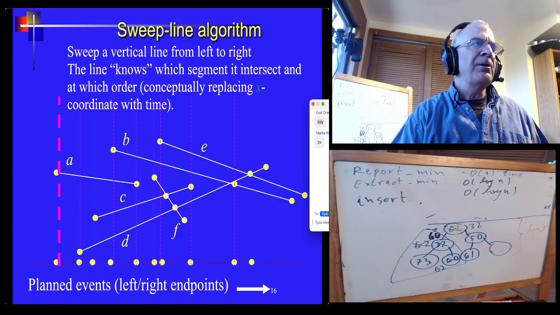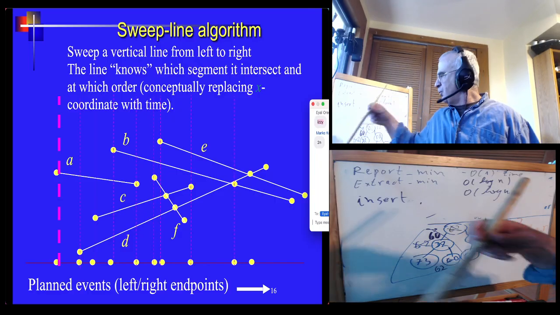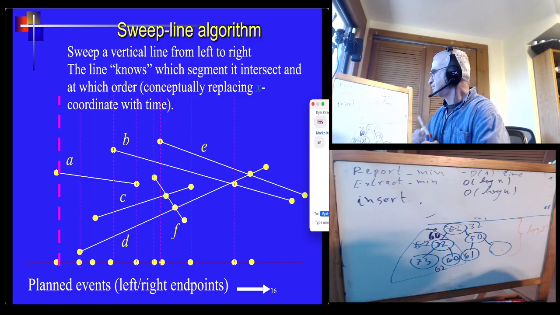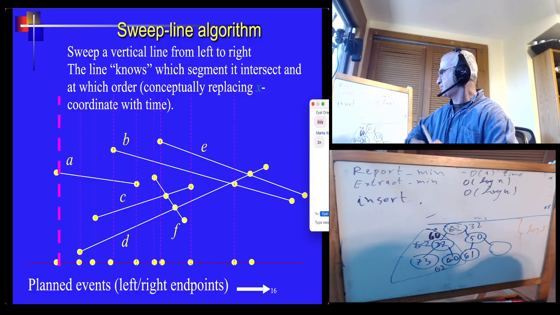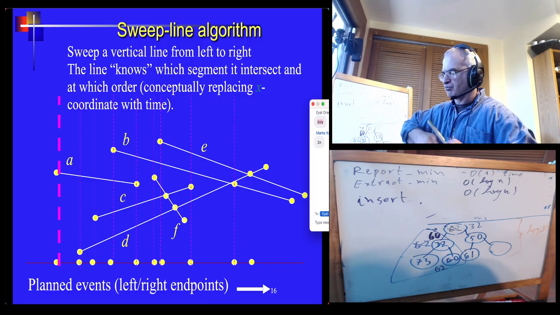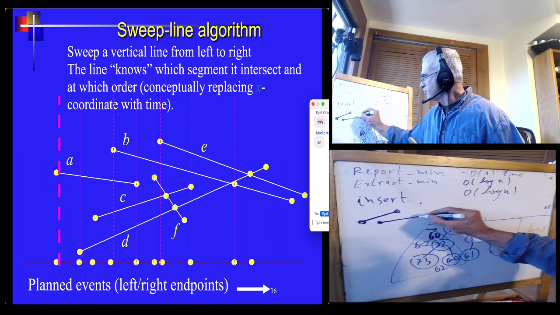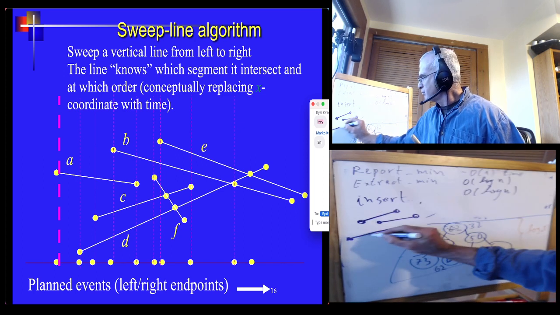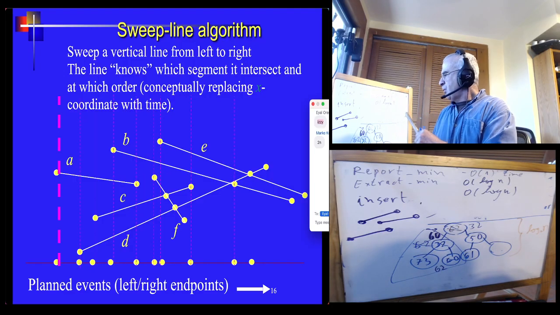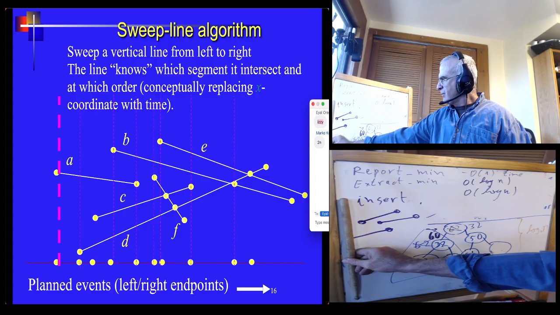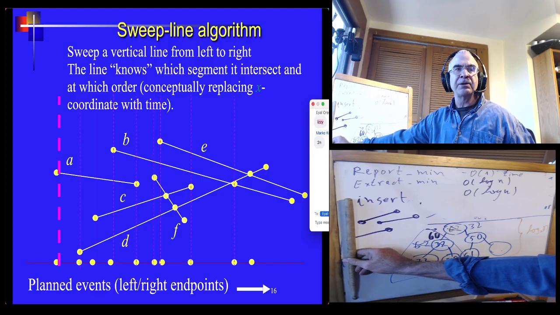Now I'll ask you, when my line sweep moves all the way from left to right, what is the first endpoint that it meets?